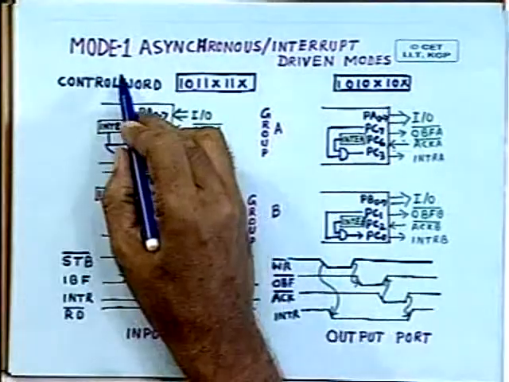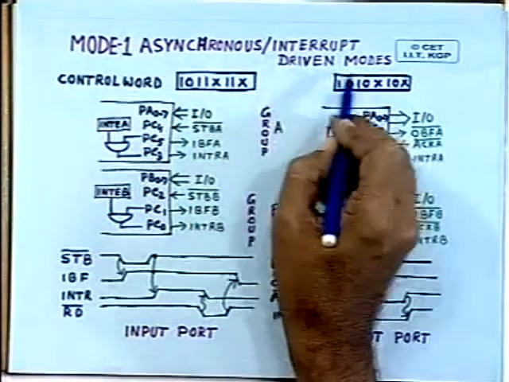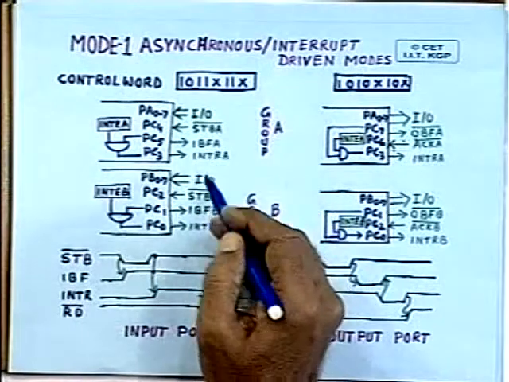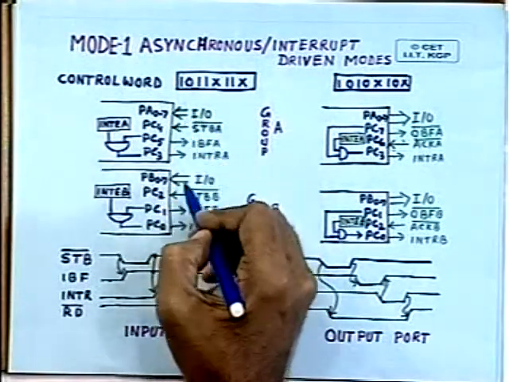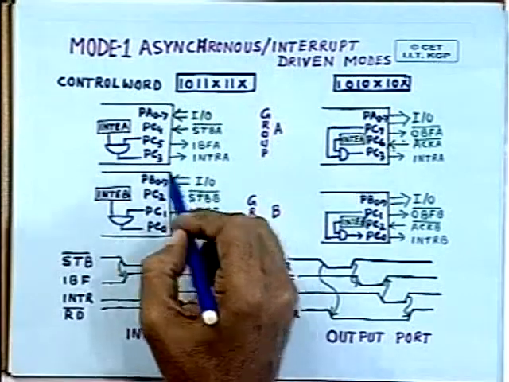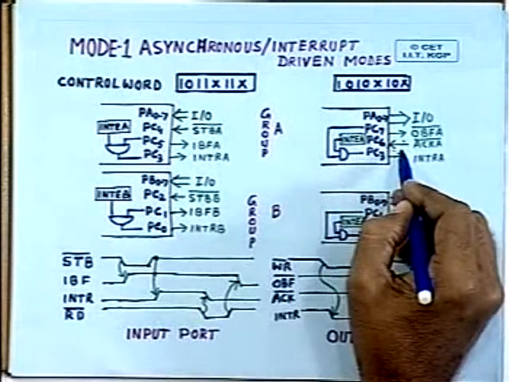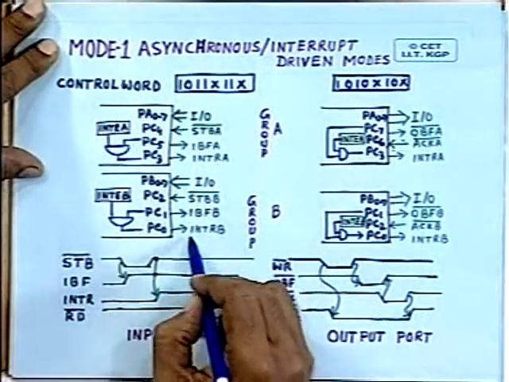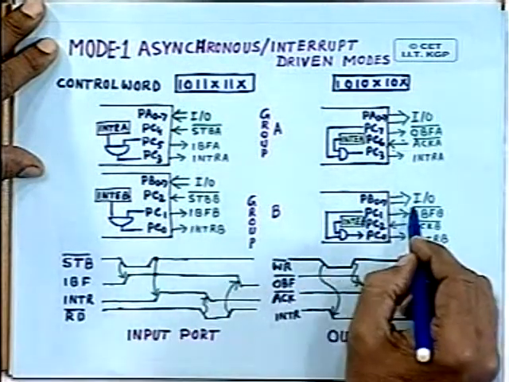Mode 1 can be used either in asynchronous mode or in interrupt driven mode, and here it is shown how it is being used as an input port. This is for group A, and here it is shown how it is being used as an output port, and this is for group B, used as an input port, and here as an output port.